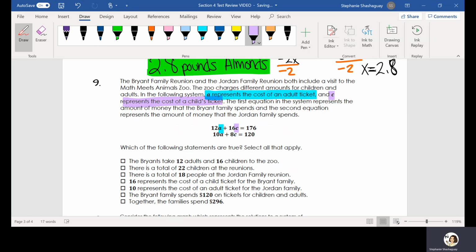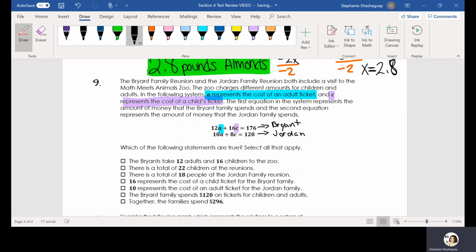The first equation in the system represents the amount of money that the Bryant family spends, and the second equation represents the amount of money that the Jordan family spends. So this is Jordan, and this one is the Bryant family. Which of the following statements are true?